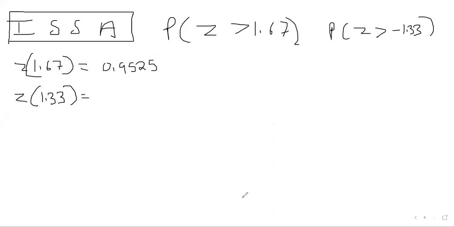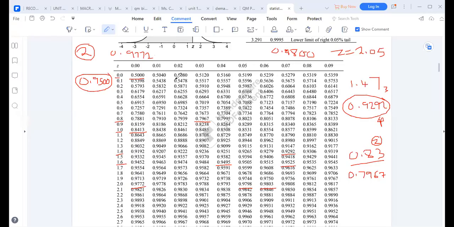So the gents, help me find the reading for 1.33. What is the reading for 1.33? You go under 1.3, where it meets what?